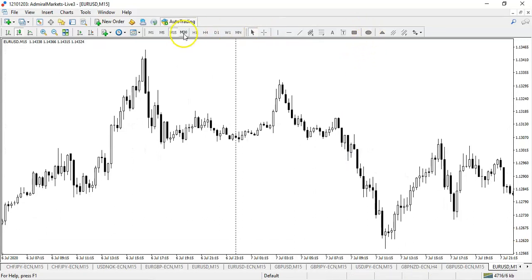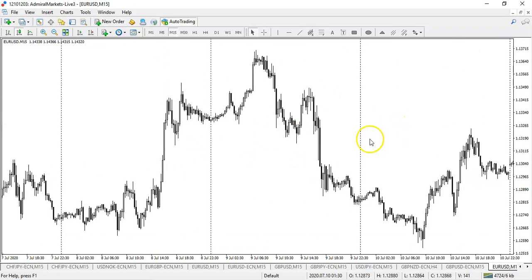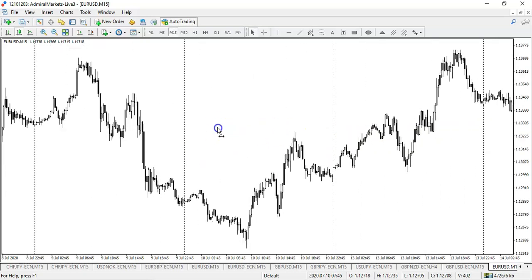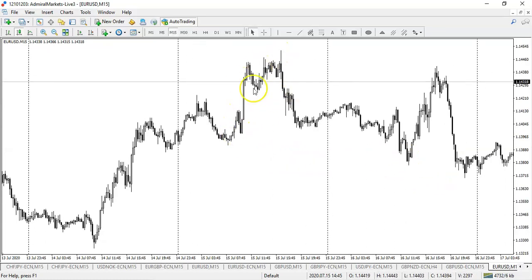Okay, let's see this structure. We have our impulse leg, and then we have the neckline of the M. Okay, you have a drop, a push up, and we see a drop here.